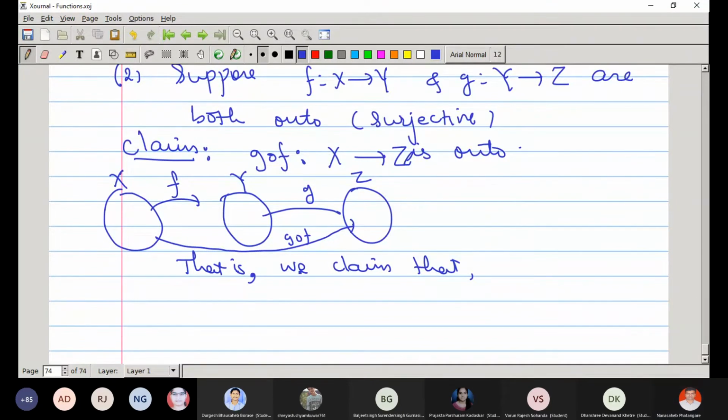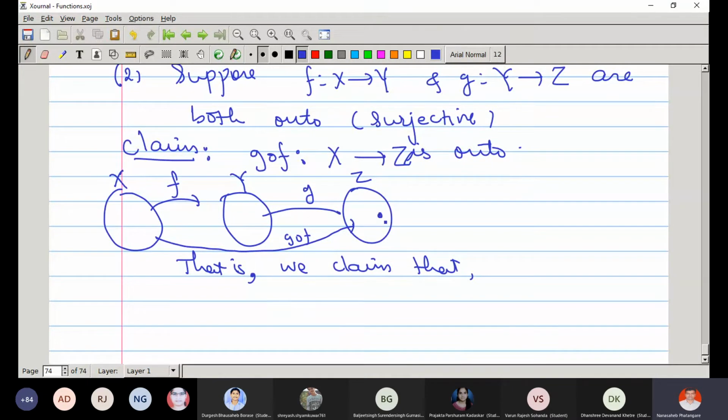For every element in Z, there exists at least one element in X. Because G composite F is from X to Z and we want to prove that onto means what? For every element in the codomain of this G composite F, can you produce x here?